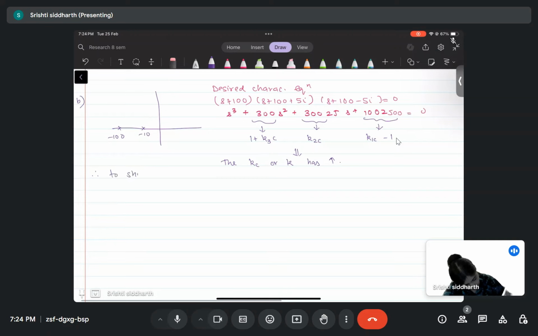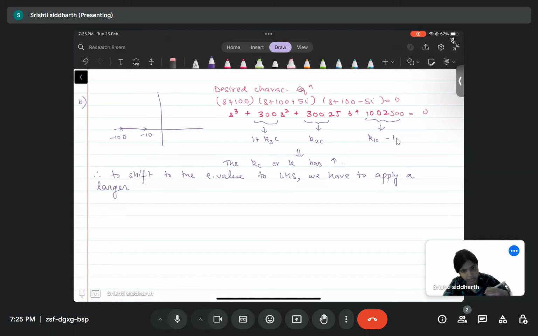Or to shift the eigenvalues, the closed loop poles to the LHS, we have to apply a larger input. So I hope that this question was clear to you. Now let's move on to the next one.